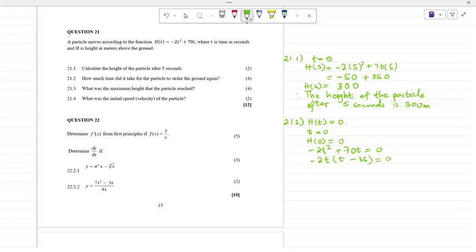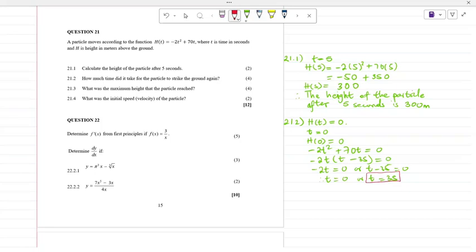Therefore, I apply the zero factor law. Negative 2t equals 0, or t minus 35 equals 0. And therefore, t equals 0, or t equals 35. The t equals 0 is the one that I was referring to here. So after 35 seconds, this is the other time that they are referring to.